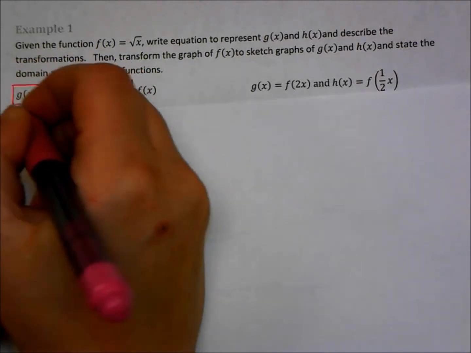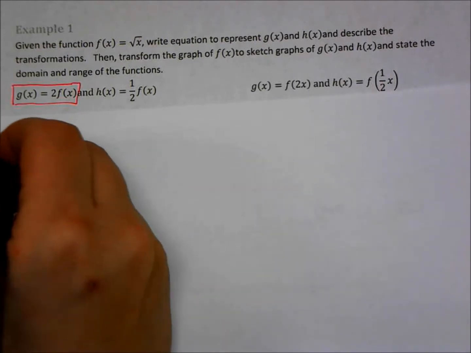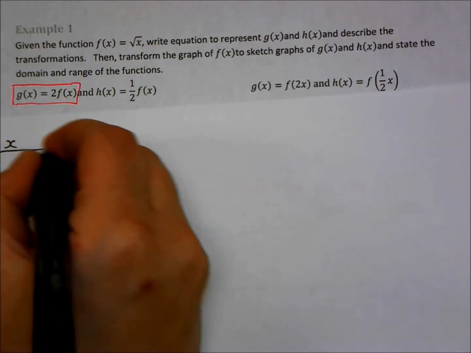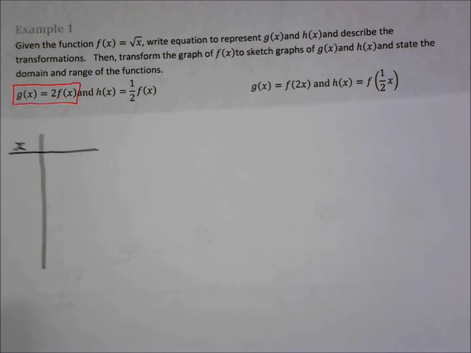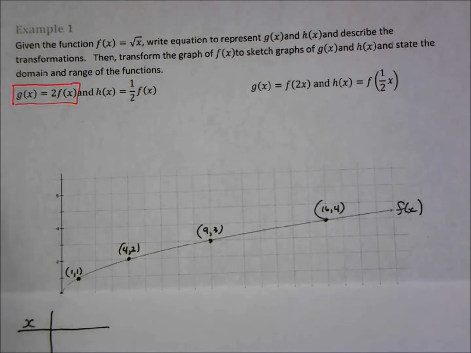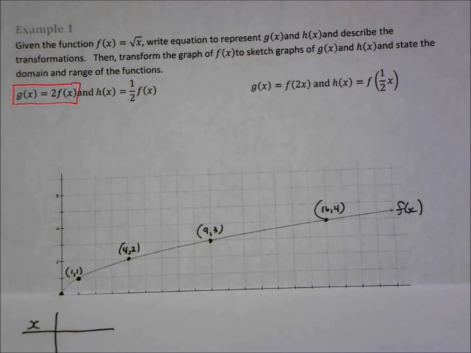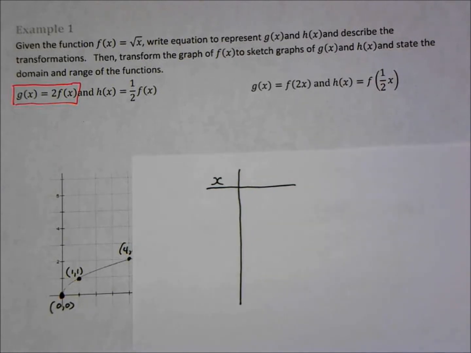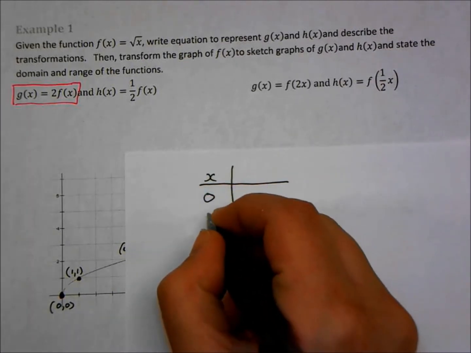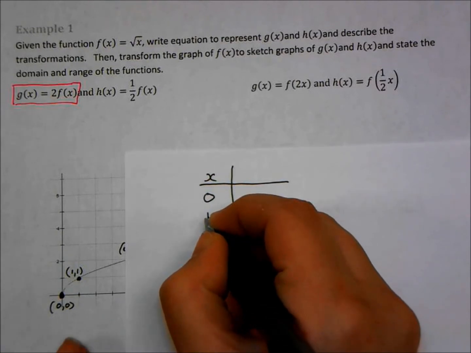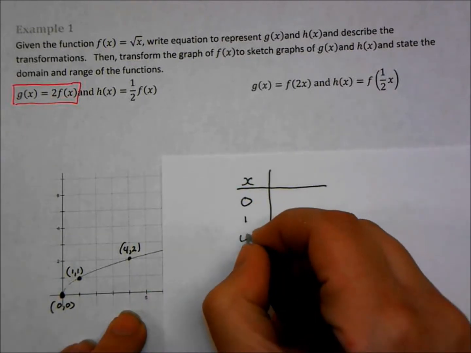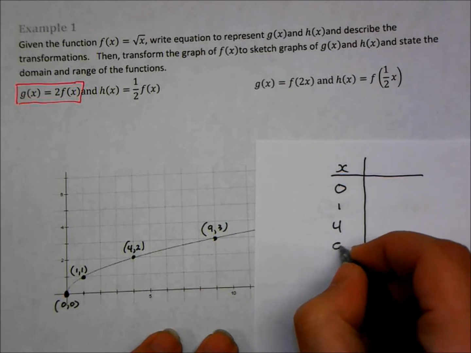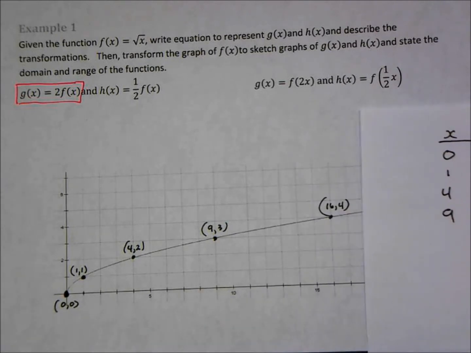So we're going to have our x values. What x values do we usually use for square root functions? Well, the ones that are picked on this graph anyway are x equals 0, x equals 1, x equals 4, x equals 9, and x equals 16.